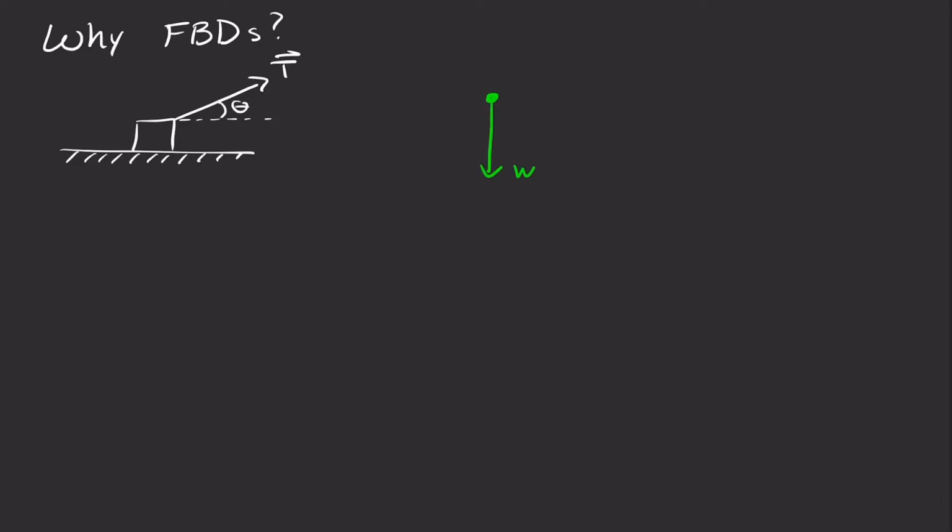Okay, that weight is straight down. There's also a normal force preventing it from going through the surface. There's our tension force that is up and to the right, some angle theta. And since it's going to be moving to the right and it's on a rough surface, there's going to be friction that is to the left. So if it's moving, let's call that kinetic friction.